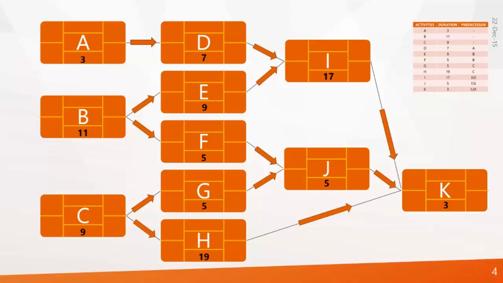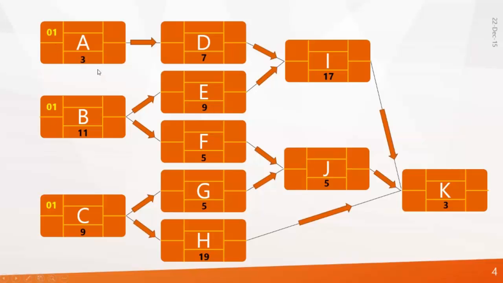Now let's assume that this project will start on day 1. So the early start of activity A will be day 1, and the same goes for activities B and C. Activity A's duration is 3, so activity A will finish on which day? 1 plus 3 makes 4, minus 1 is 3.